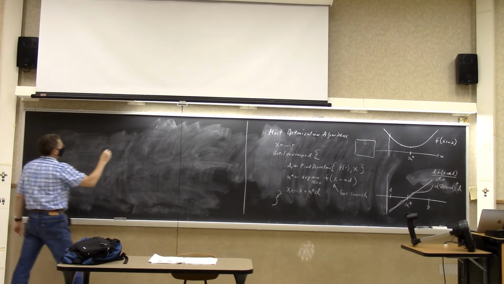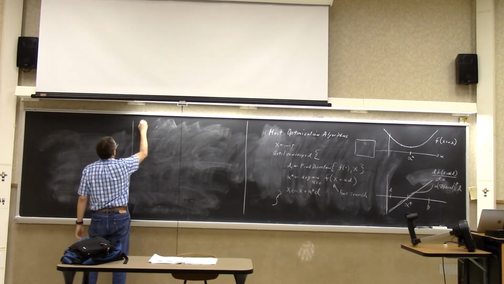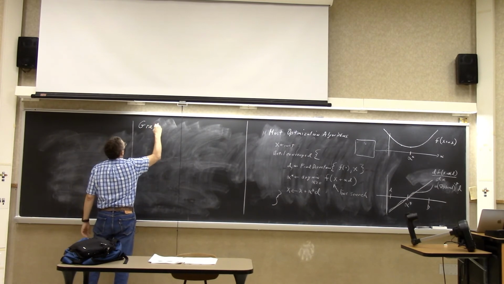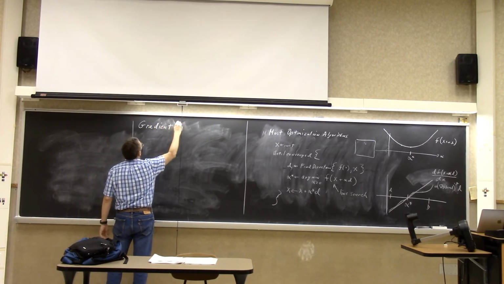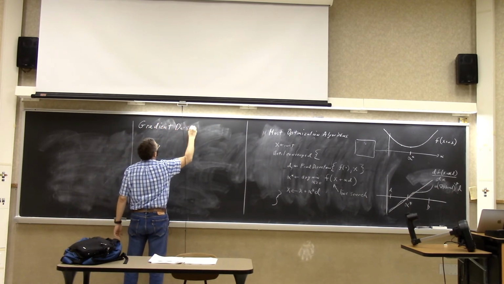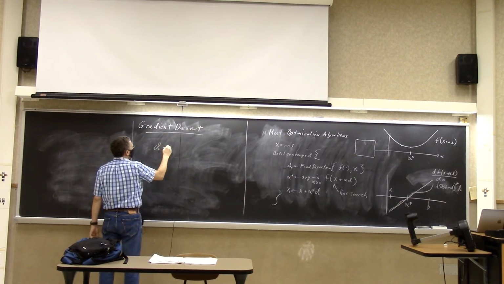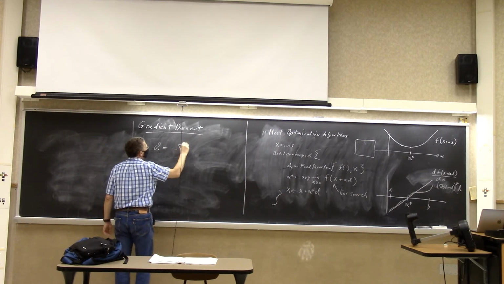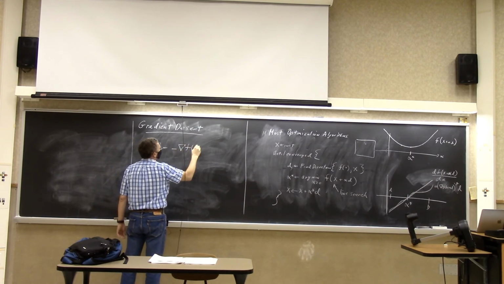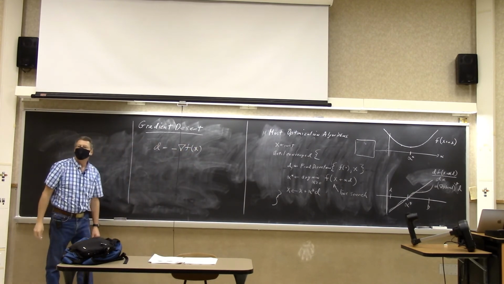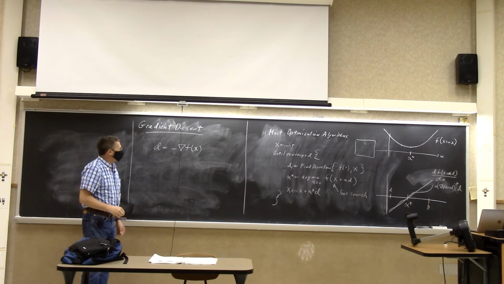So with gradient descent, what you do is d equals the negative gradient of f of x, okay? And I wrote out what the gradient was equal to.